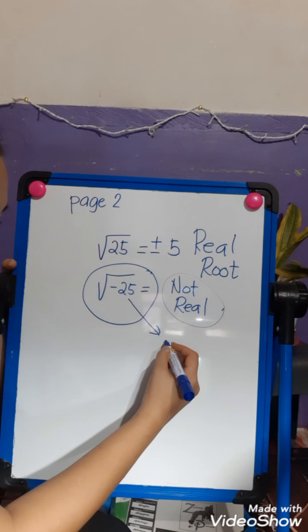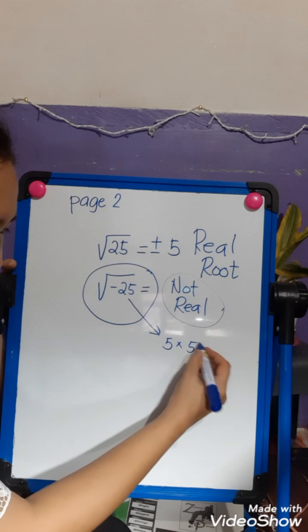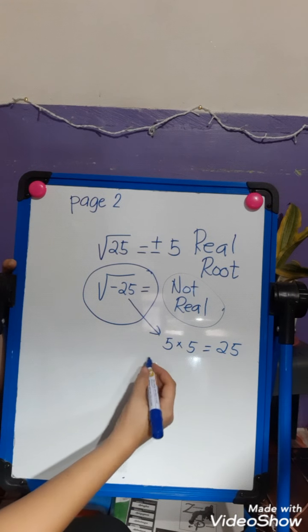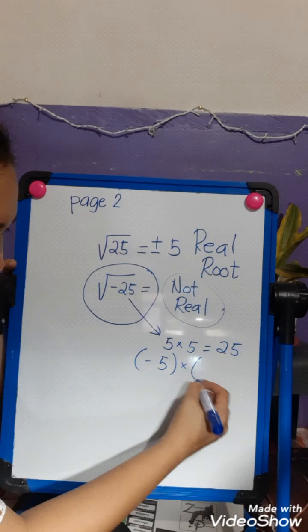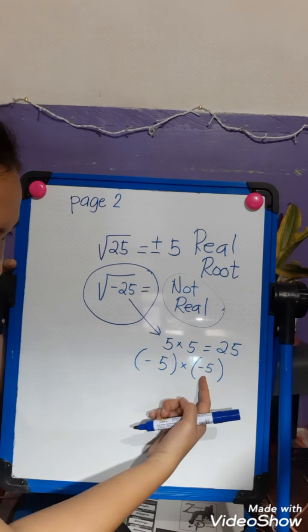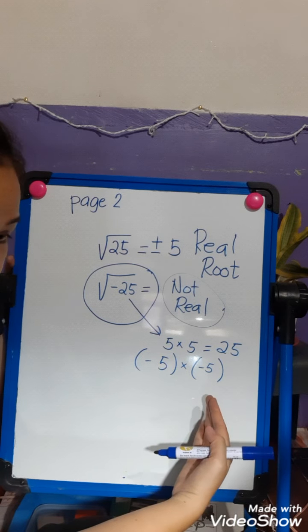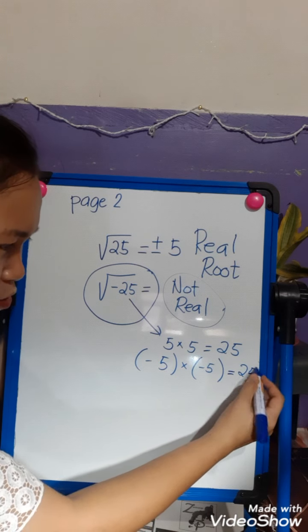Because we have positive 5 times positive 5, the answer is positive 25. Negative 5 times negative 5 multiplied by itself is also positive 25.